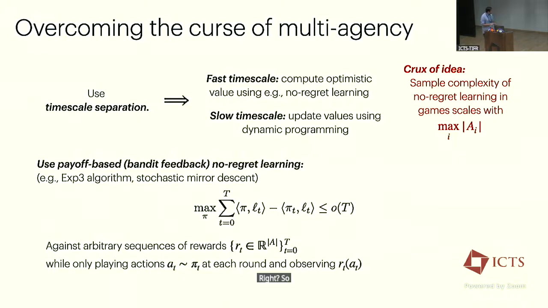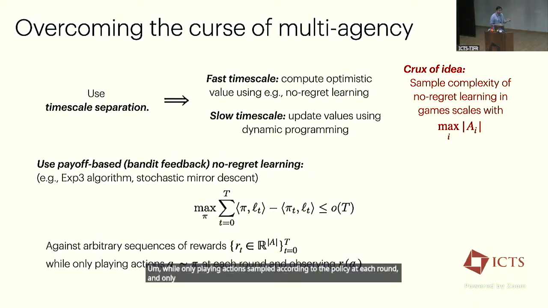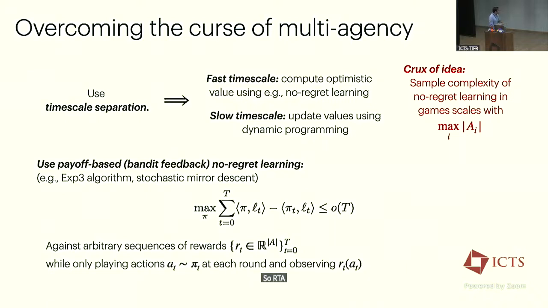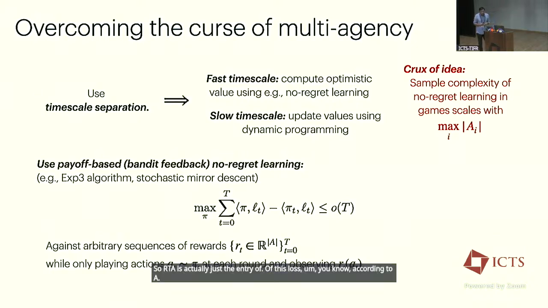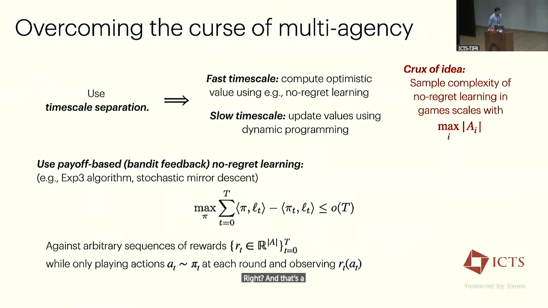It says that for any arbitrary sequence of losses, L_t, we can construct a policy that competes against the best policy, while only playing actions sampled according to the policy at each round and only observing the reward given your action. So R_t(a) is just the entry of this loss according to a. It's a very powerful property.